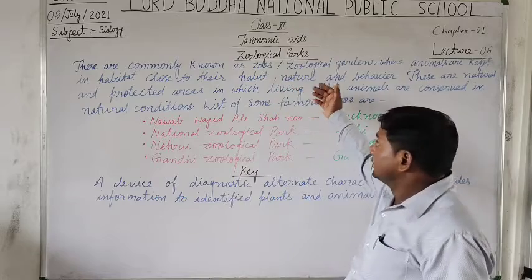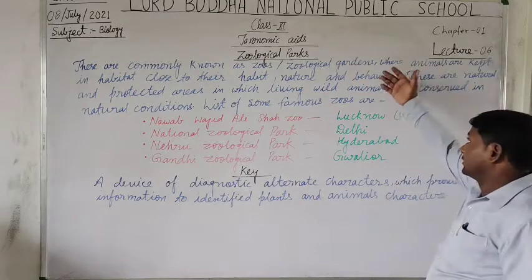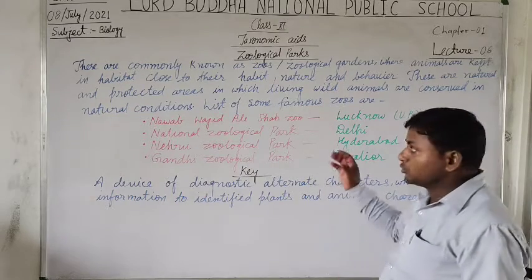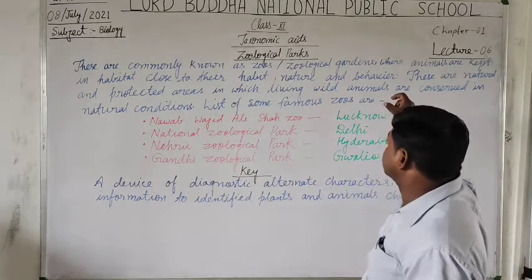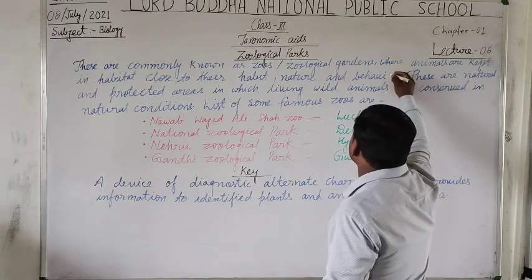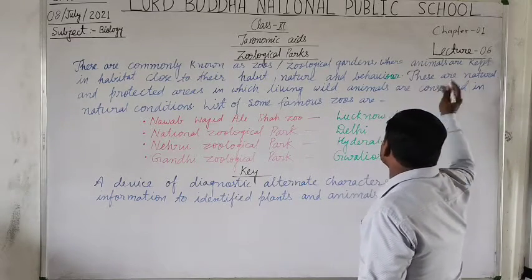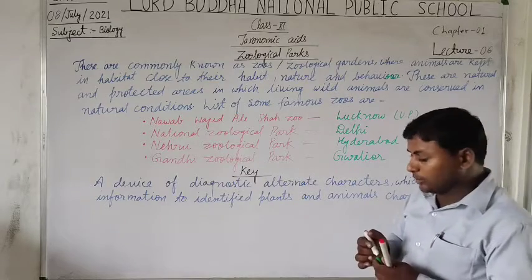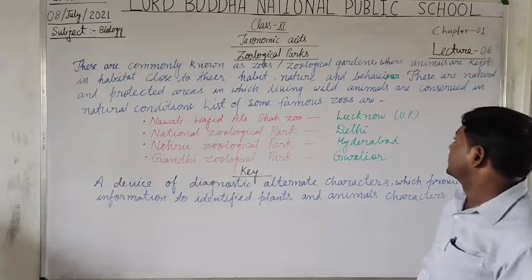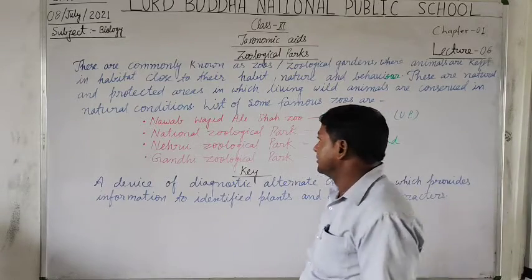So students, zoos are zoological gardens where animals are kept in habitat close to their habit, nature and behavior. These are natural and protected areas in which living wild animals are conserved in natural condition.